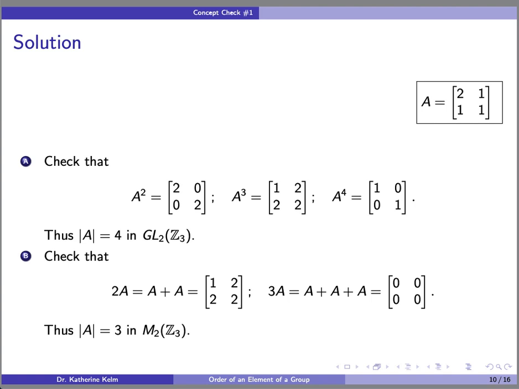When we take 2 times A, which is just A plus A, we get 1, 2, 2, 2. Observe that the entries are classes in Z3. So 2 plus 2 in the first entry is 4, which is congruent to 1 mod 3. And 1 plus 1, of course, is 2.